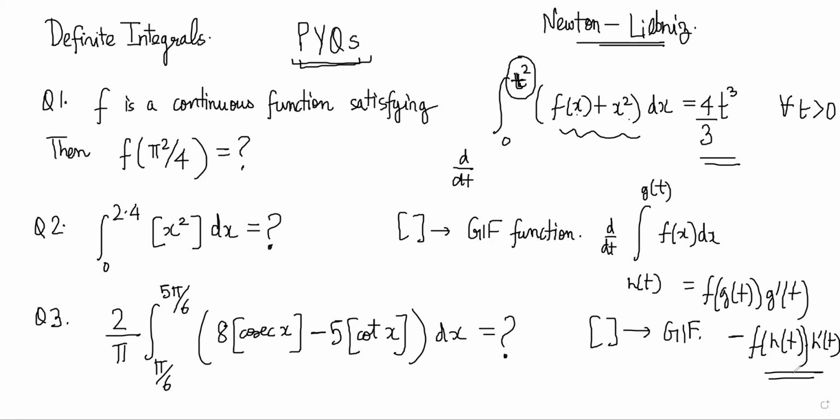Yes, sir. So what are you actually doing? You're putting g of t instead of x and then differentiating g dash t, right? And here also you're putting h of t instead of x, right? Yes, sir. And you're differentiating h dash t, correct? So do that here, what are you getting? f of t square plus t power 4 multiplied by 2t, right?